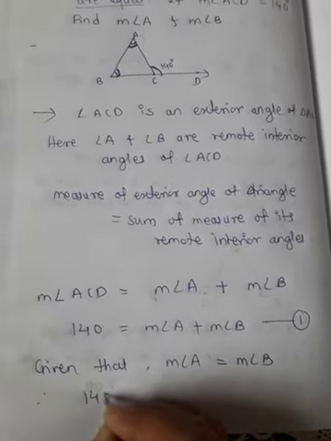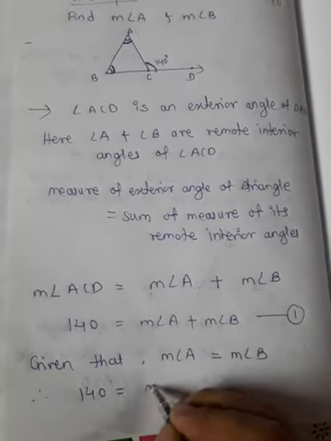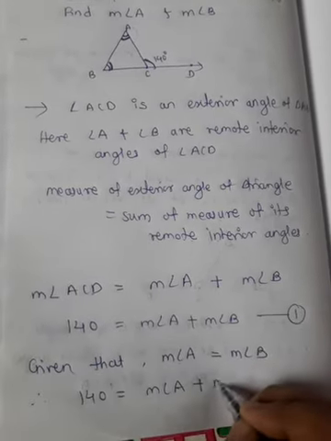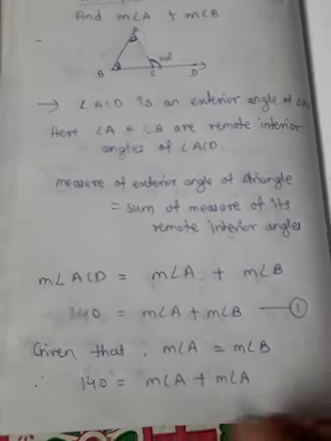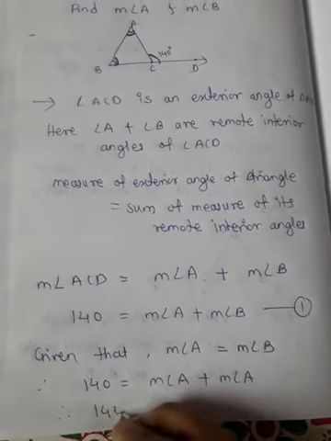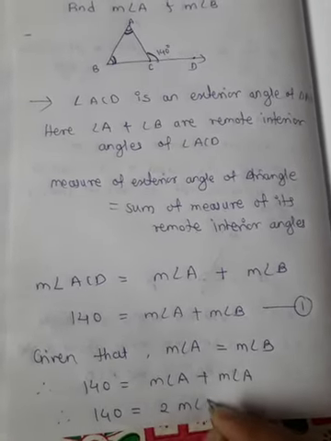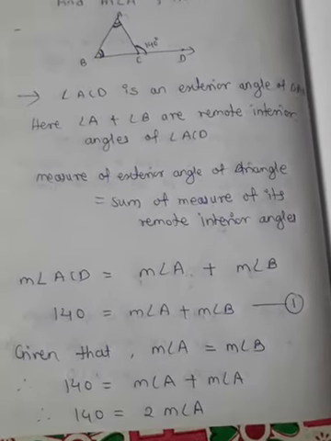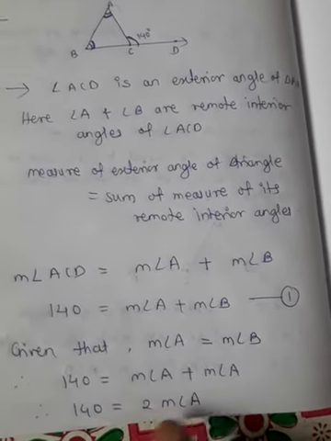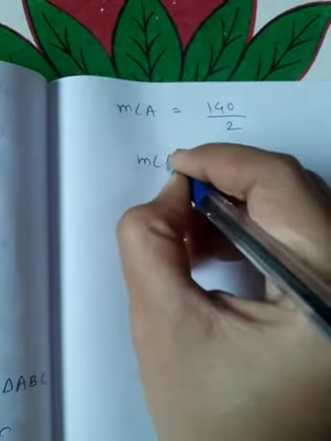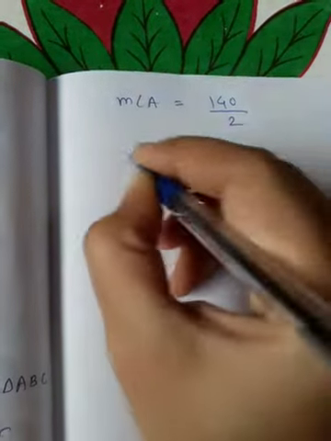We get 140 is equal to measure of angle A plus measure of angle B, which is nothing but measure of angle A. So 140 is equal to measure of angle A plus measure of angle A, means 2 times measure of angle A. Now 2 is multiplied here, so 2 gets divided. So what you will get, measure of angle A is equal to 140 divided by 2, that is measure of angle A is equal to 70 degrees.